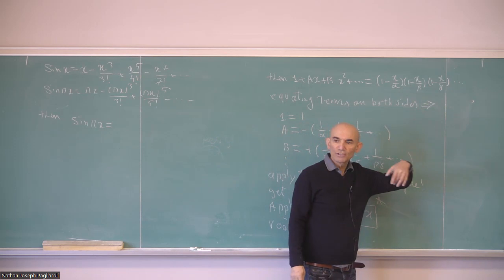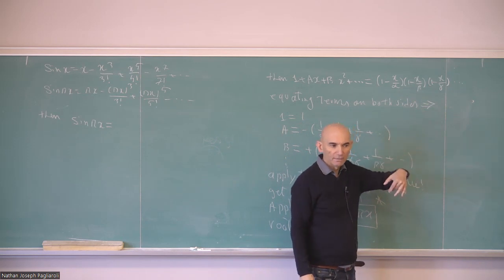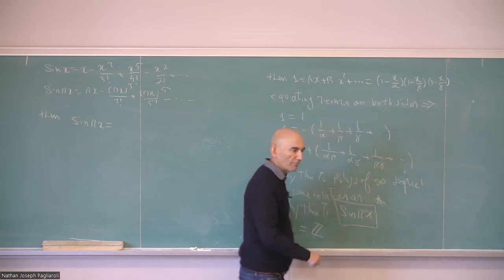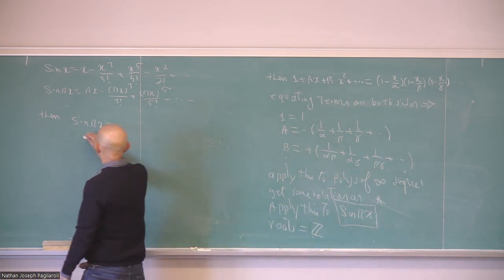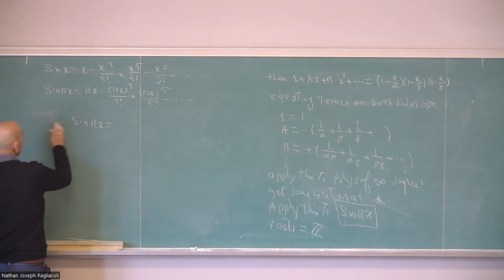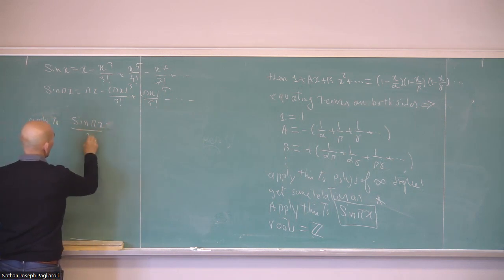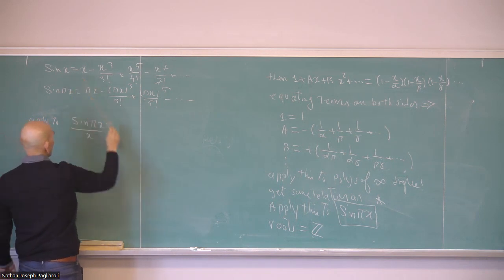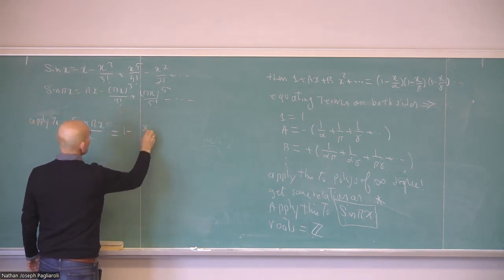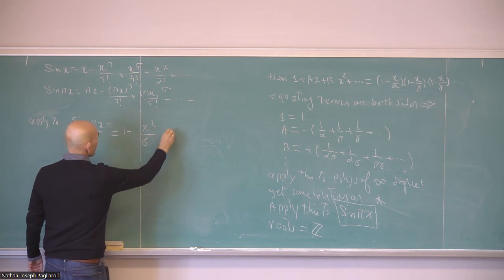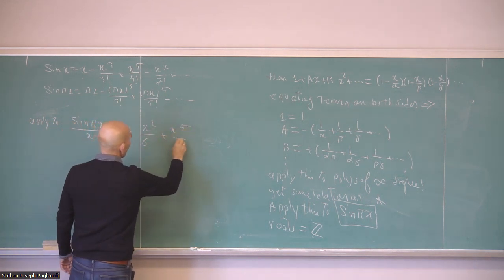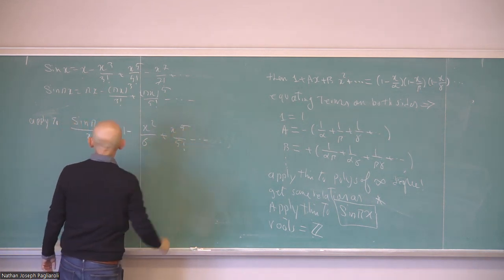So what you do, you just take sine of pi x over x. You just kill one annoying factor of x. Apply it to sine of pi x over x, which in fact starts with 1 minus x^2 over 6 plus x^5 over 5 factorial, and so on, right?